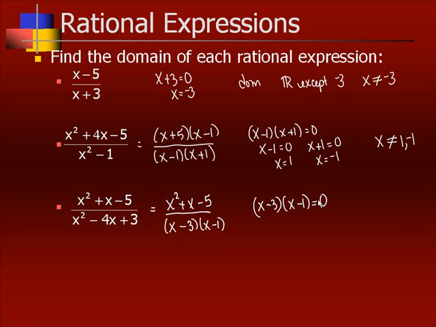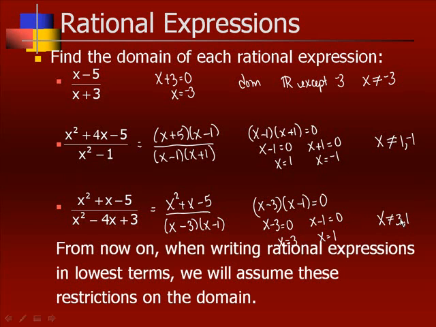Well, when x minus 3 or x minus 1 equals 0, so x minus 3 equals 0, x minus 1 equals 0, x equals 3, or x equals 1. So the domain would be all numbers except 3 or 1. Now from now on, when writing rational expressions in lowest terms, we will assume these restrictions on the domain and we won't list them every single time.